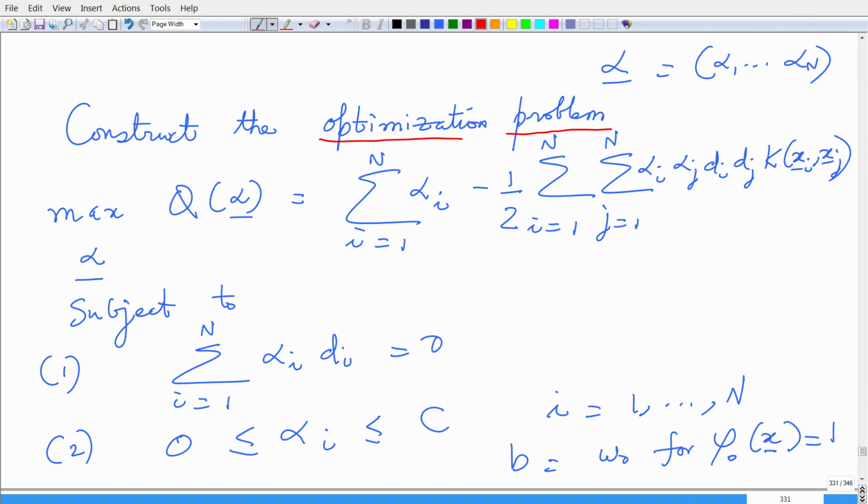So, following this linear separability idea, our dual problem is basically summation i equals 1 to n alpha i, a summation over the Lagrange multipliers, minus a term that has the Lagrange multipliers, the desired response and the kernel acting on the data points.